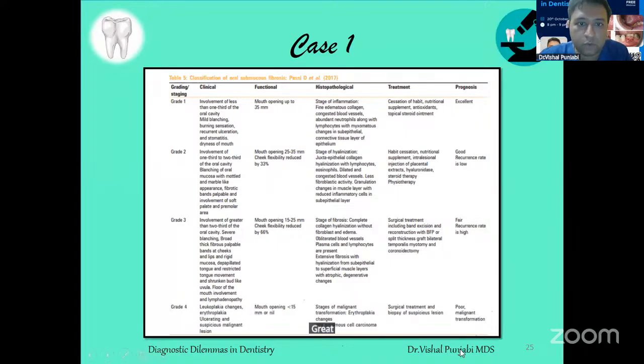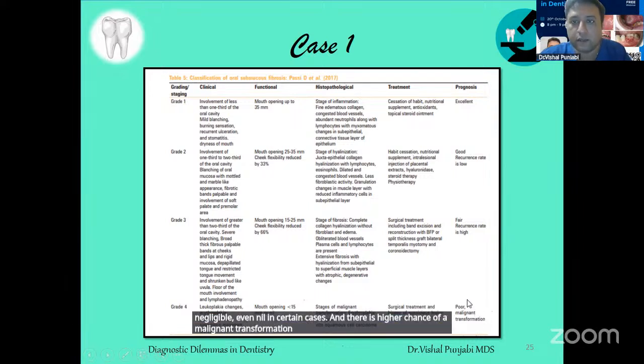Now, in this particular case, the gradation is grade 3, 15 to 25 mm of mouth opening was present at the first visit. And if it becomes more severe, it will be less than 15 mm or even negligible, even nil in certain cases. And there is higher chance of a malignant transformation in that particular case.